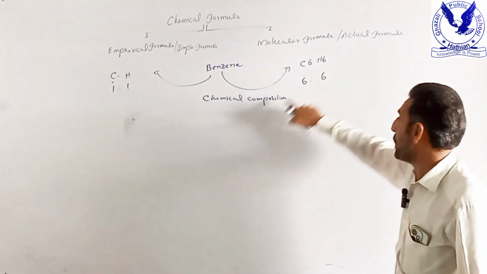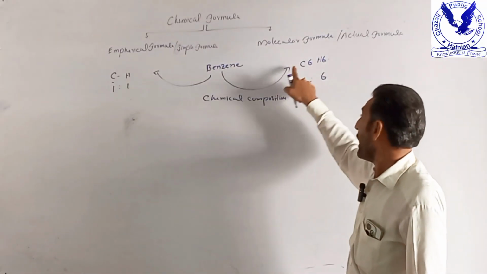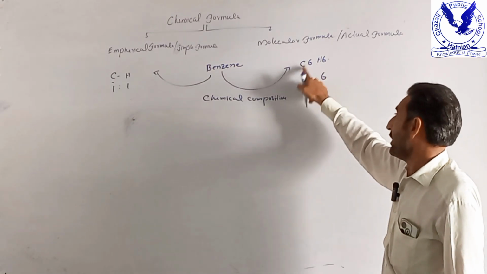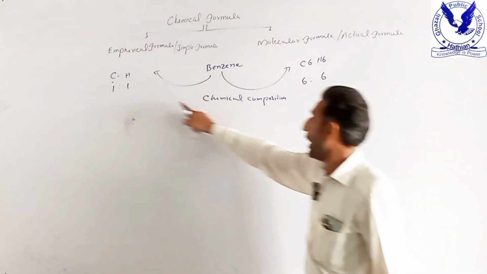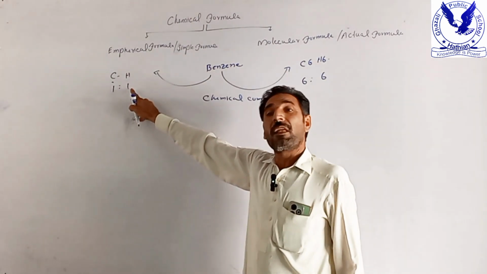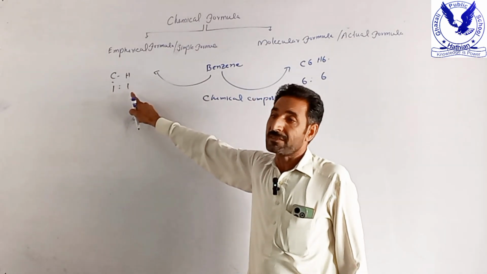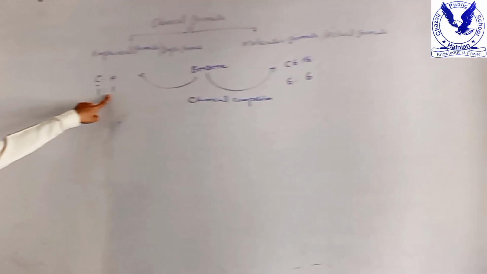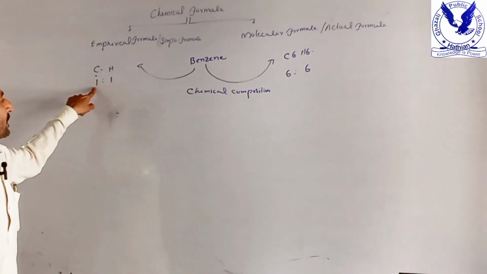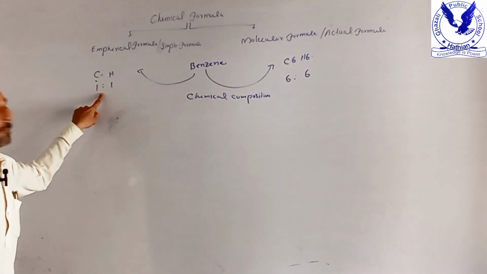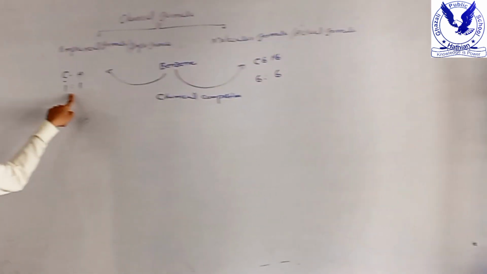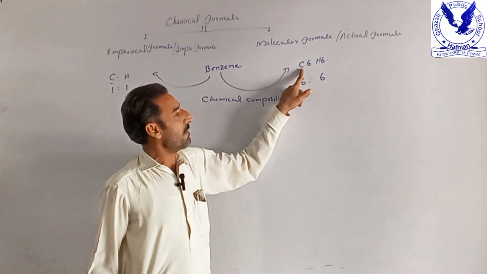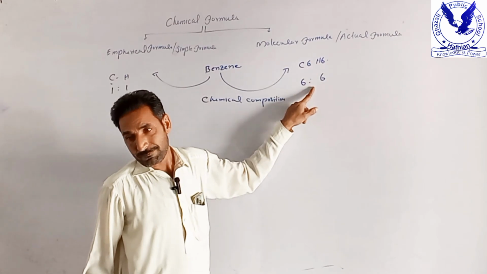It not only shows the chemical composition, but also the actual number of atoms of the element present in a compound. The other formula shows only the chemical composition of benzene, consisting of carbon and hydrogen, in the simplest whole numbers.